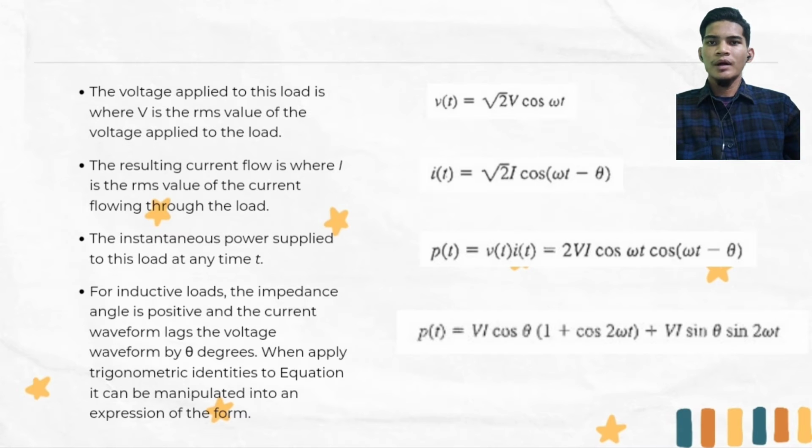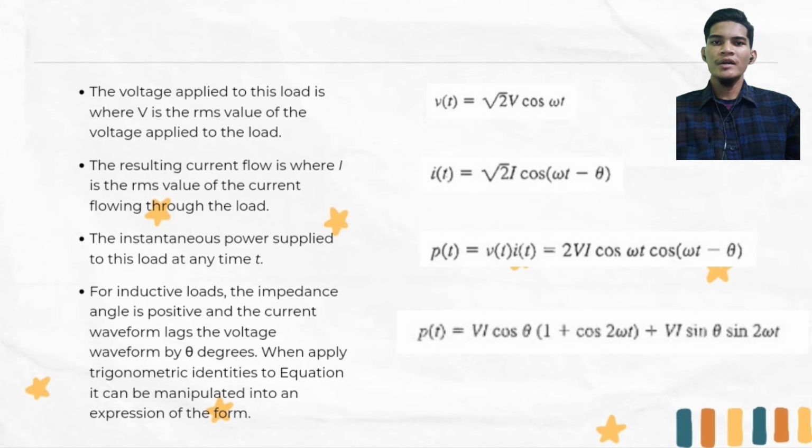The voltage applied to this load is where V is the RMS value of the voltage applied to the load. The formula is v(t) equals square root of 2 V cos omega t. Then the resulting current flow is where I is the RMS value of the current flowing through the load.